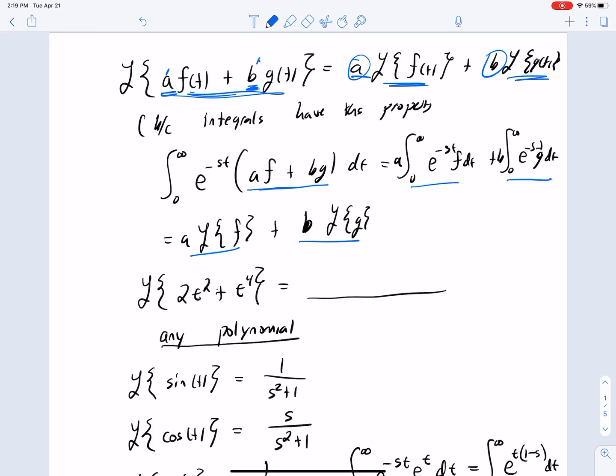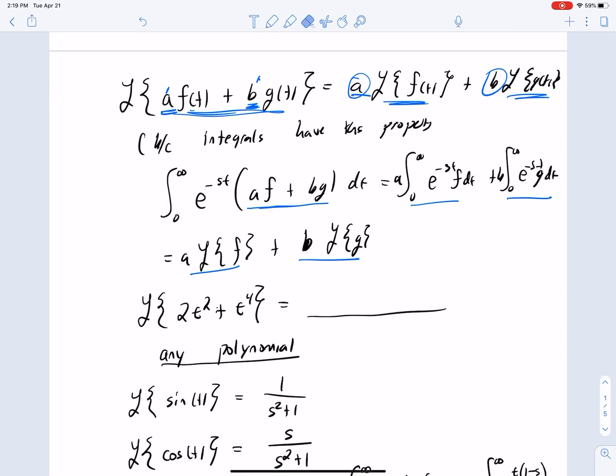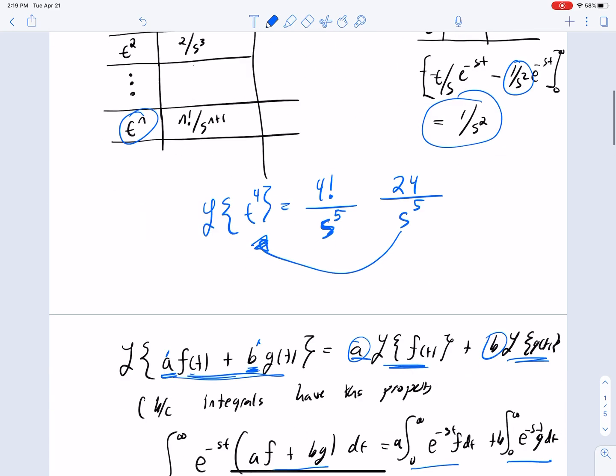So let's think about how we can use this. This Laplace transform of 2t squared plus t to the 4th, well, that is 2 times the Laplace transform of t squared plus 1 times the Laplace transform of t to the 4th, which we now know from our table that we made up here.